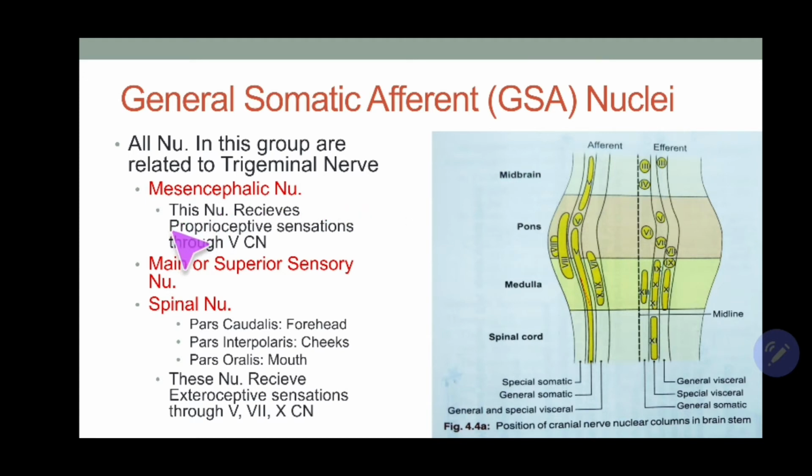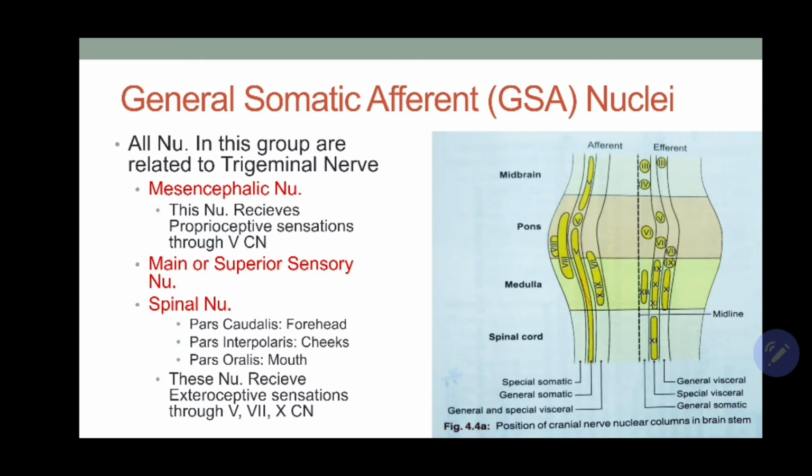Mesencephalic nucleus: this nucleus receives proprioceptive sensations mainly from, of course, the fifth nerve. The fifth nerve is also a motor nerve, right? It's a branchial motor nerve, and it innervates the muscles of mastication, including tensor tympani and tensor veli palatini, right?